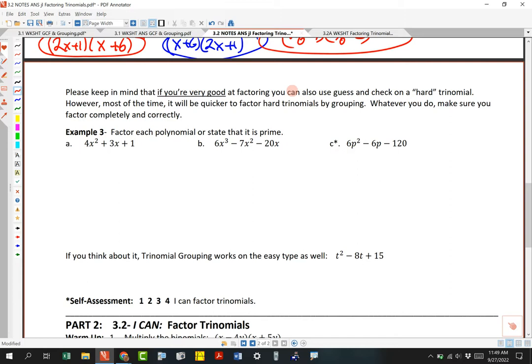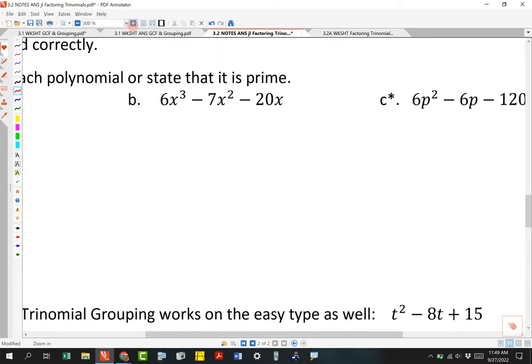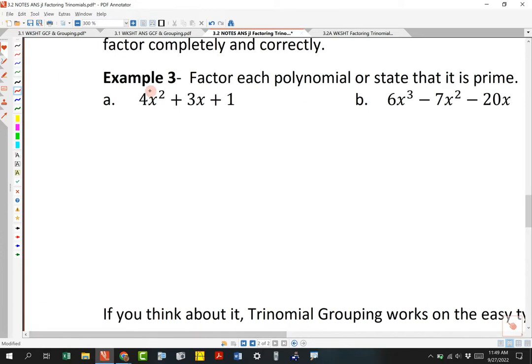Okay. All right. So let's take a look at this one right here. Just a couple more. Looks like it shouldn't be very hard. We're going to multiply to be positive 4 and combine to be 3.